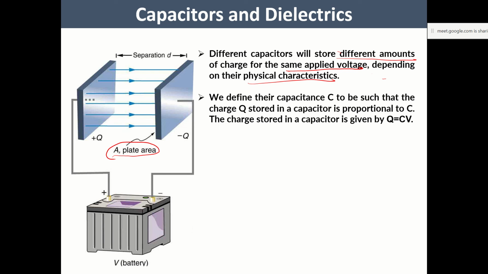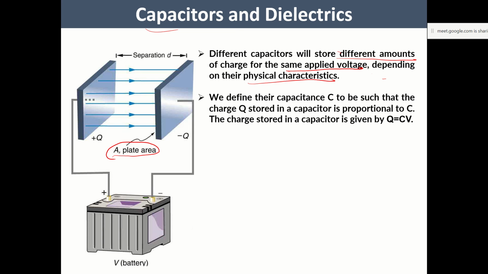In addition to that, whether it's air, vacuum, or some other material between the two plates matters. I said that there is an insulator placed between the two conducting plates. The nature of that insulator will also affect the overall capacity of the capacitor.